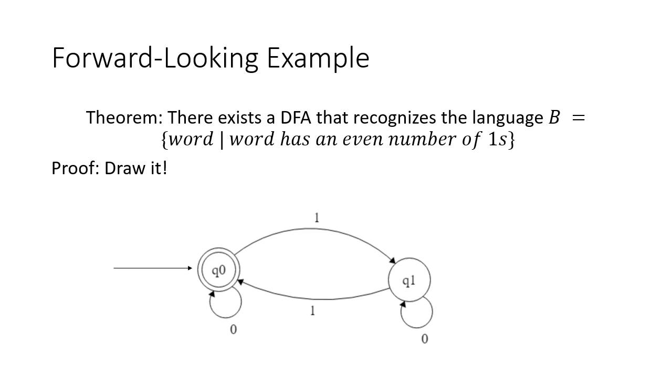Let's take a look at the parts of it. I have here an arrow that comes in, and then these circles. This circle has two parts, like a circle outside of another circle. It's got an arrow pointing in, which says 0, an arrow going out which says 1 to some other state called Q1, and Q1 points back to Q0, and Q1 has an arrow to itself that says 0.